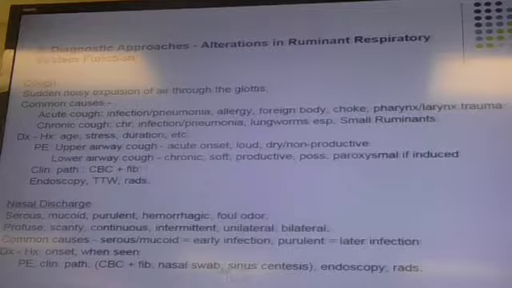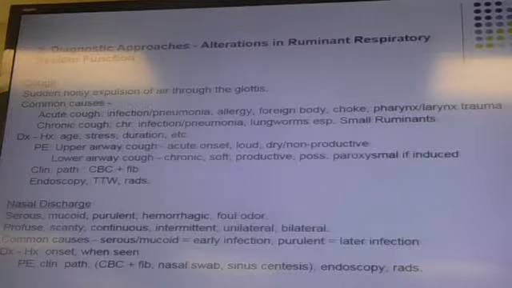Now, a word of caution about nasal swabs is that you tend to get a mixed population of bacteria when you do a nasal swab, so it's difficult for you to determine what the cause of the infection was with just a nasal swab. The time that we'll do nasal swabs is, for example, when you have a viral infection, like infectious bovine rhinotracheitis, because in addition to the mixed population of bacteria, you'd also get the virus.